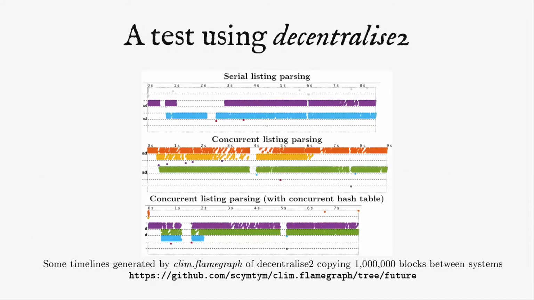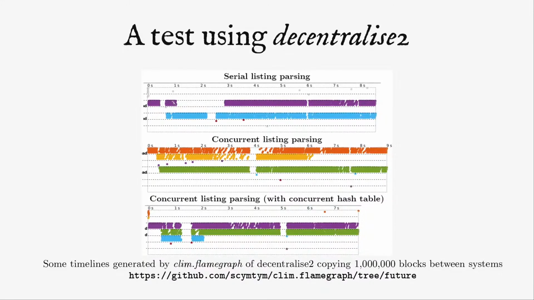So we can put the performance change of concurrency and concurrent data structures into a diagram format. What we have here are some timelines generated by the Clim Flame Graph program, which generates these sort of timelines as well as the flame graphs themselves.